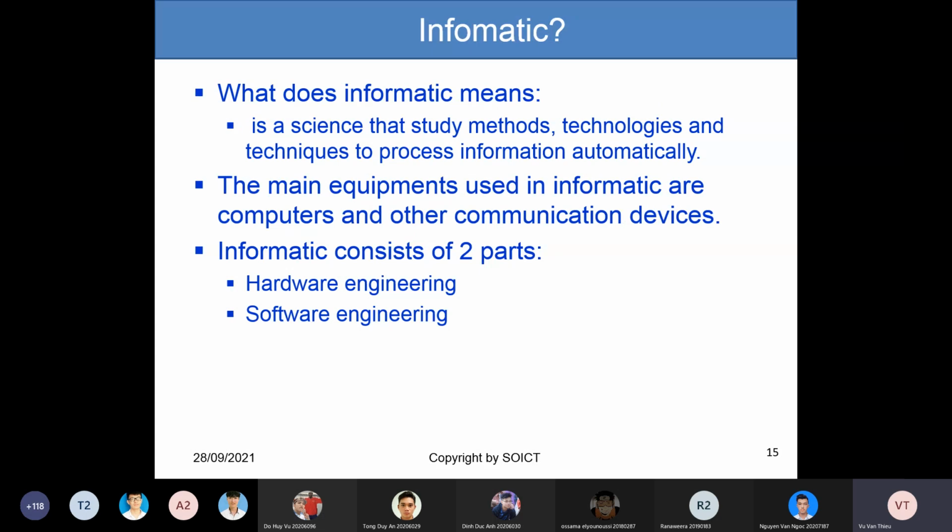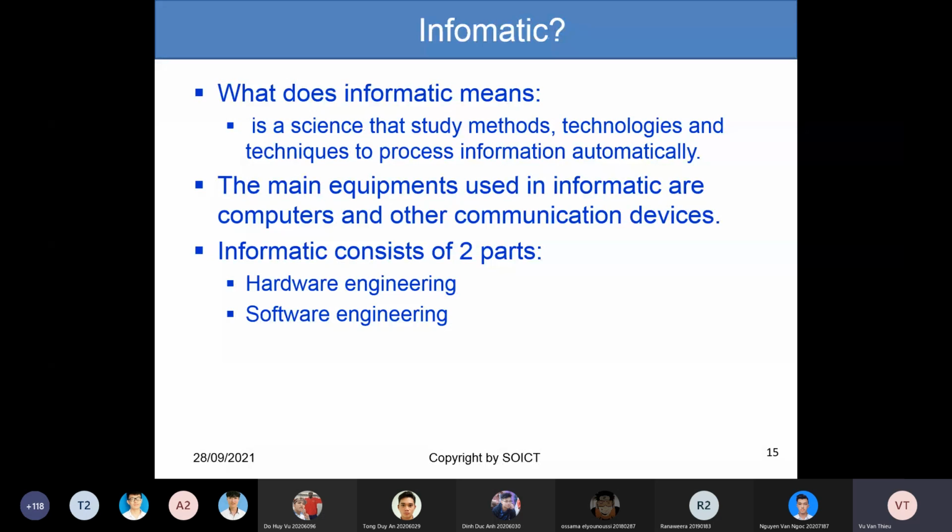At the beginning, informatics was a science. So we know that informatics is a science that studies methods, technologies, and techniques to process information automatically. At the beginning, informatics focused on theory. They studied how to process information automatically, more than the techniques, more than the technology.